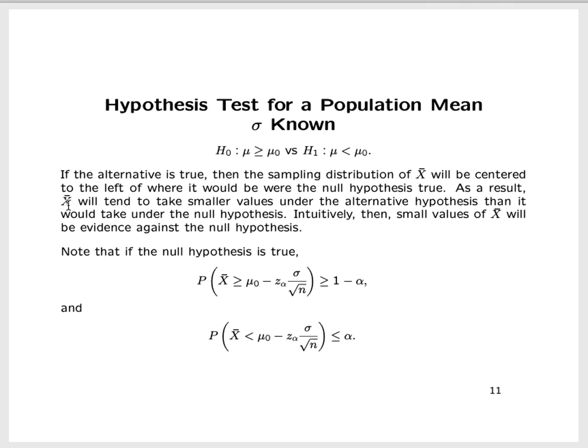Now, note that if the null hypothesis is true, then the probability that x bar is greater than or equal to mu sub 0 minus z sub alpha times the standard error of x bar, this probability is at least 1 minus alpha. And so therefore, by the complement rule, the probability that x bar is less than that point is less than or equal to alpha.